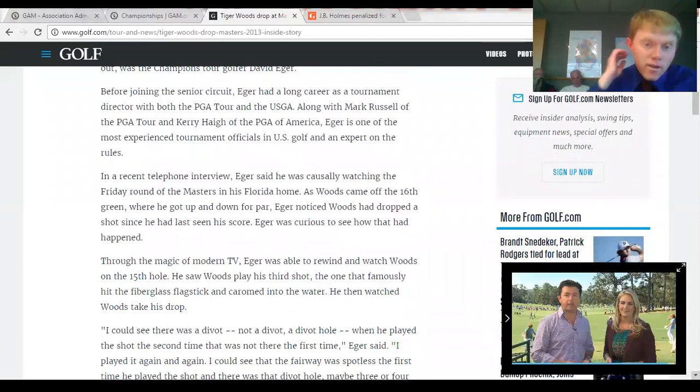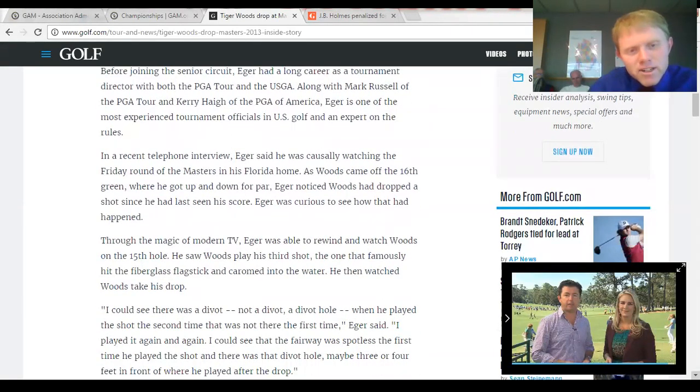In a recent telephone interview, Eager said that he was casually watching the Friday round of the Masters in his Florida home. As Woods came off the 16th green where he got up and down for par, Eager noticed Woods had dropped a shot since he had last seen a score. Eager was curious to see how that had happened. Through the magic of modern TV, Eager was able to rewind and watch Woods on the 15th hole.